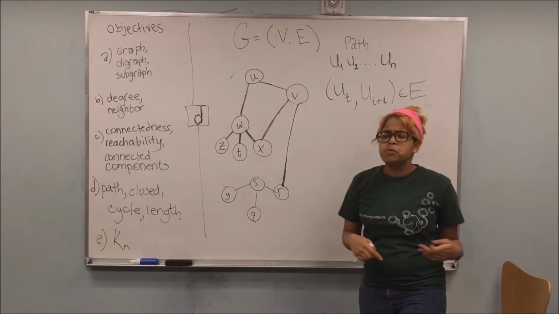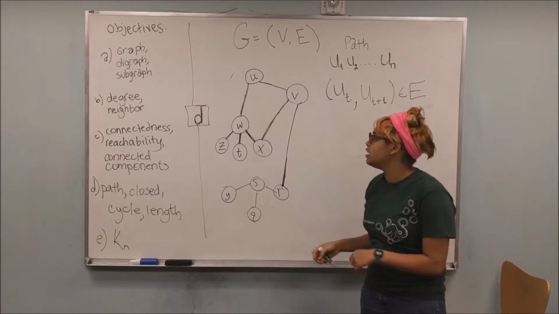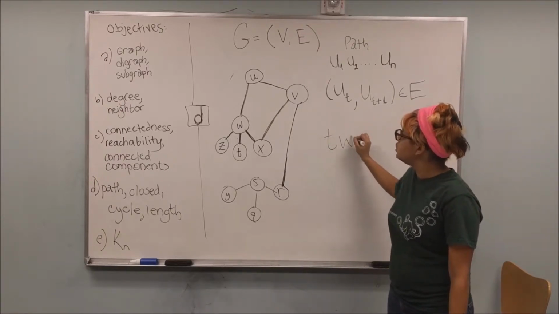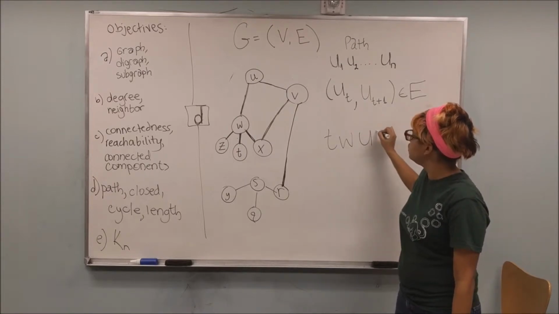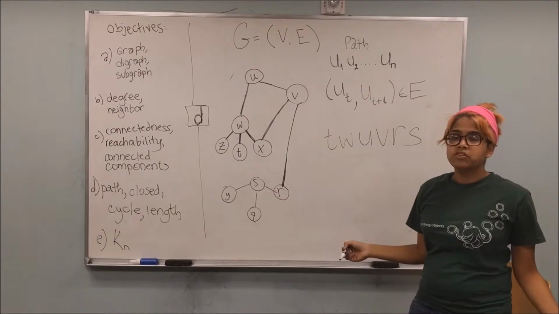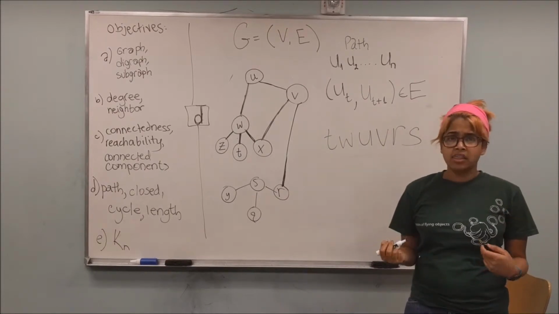Right? So for example, with this nice graph that we have here, I might say, oh, I don't know, T to W to U to V to R to S represents a path, right?